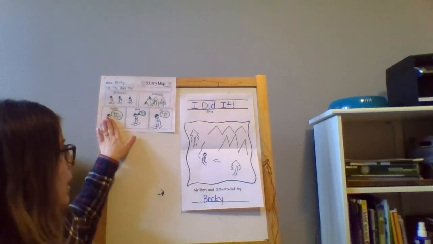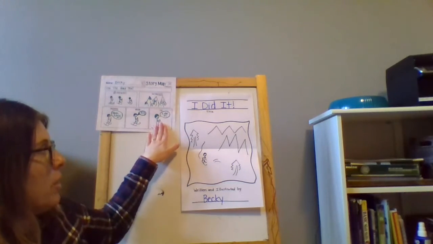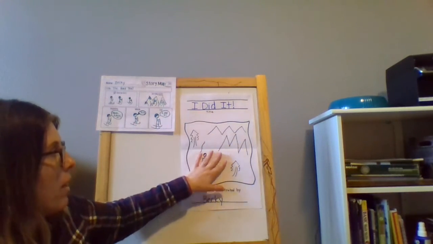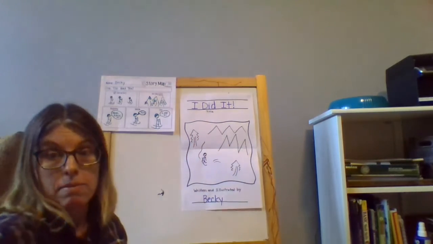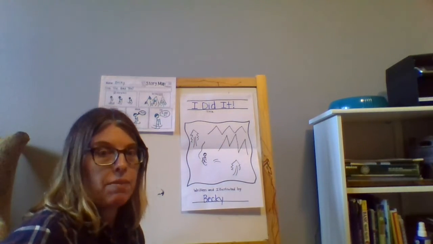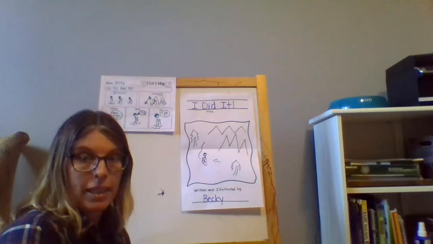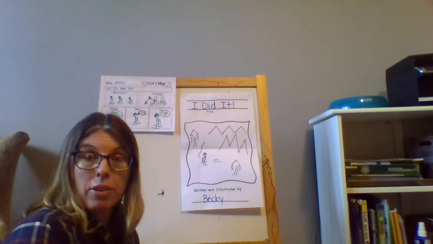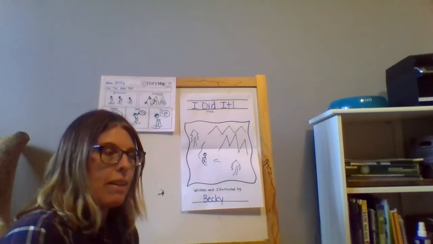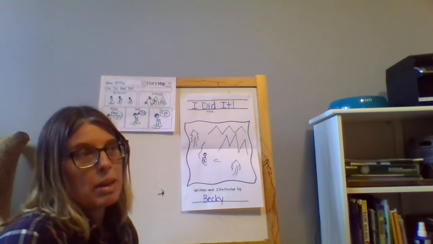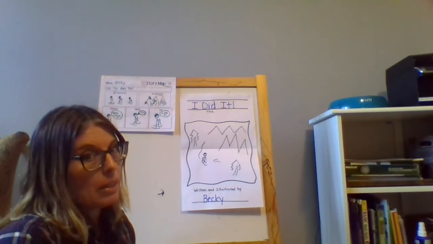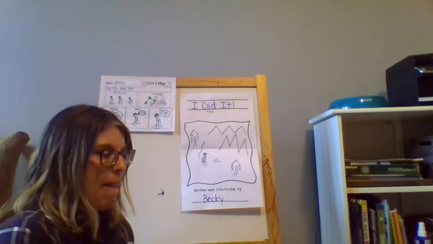You know how to do a beginning, a middle, and an end, and then you know how to do a cover. After you finish your cover, you staple your book all together and it's finished. So I want you to think about where you're at in that process and keep working on your current book. Spend about 20 minutes, maybe 30 minutes with writing today.